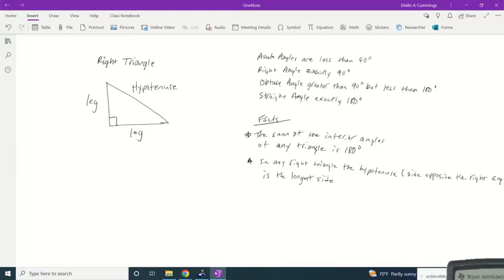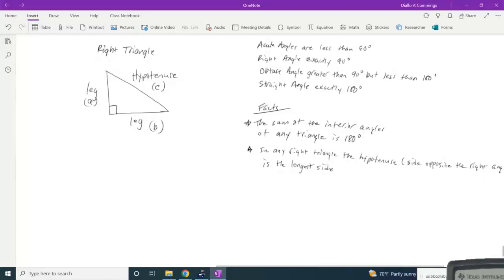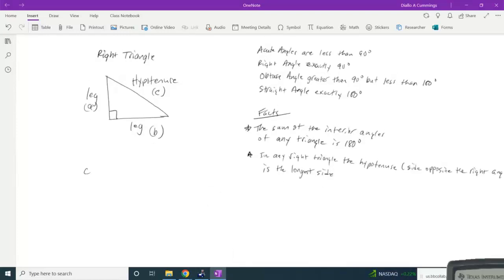Now the hypotenuse in these formulas, we're going to see as C. And then our legs, one leg is called A and one leg is called B. From this, we have what's called the Pythagorean theorem. It says that C squared is equal to A squared plus B squared.